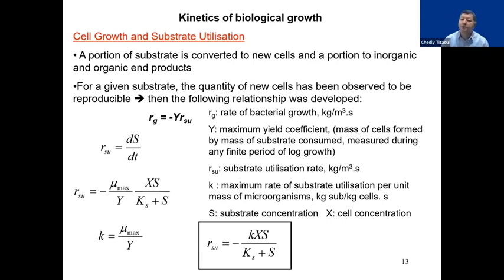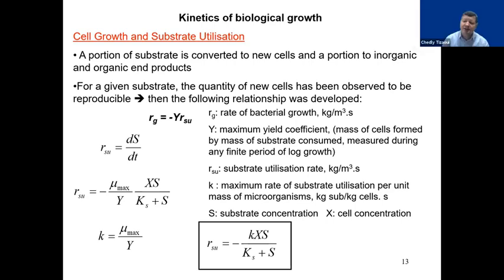If you remember, we defined the relationship between the growth of bacteria and the substrate utilization using the yield coefficient Y. Since we already defined the rate of growth for bacteria, the rate of substrate utilization will be minus 1 over Y times the rate of growth, and you obtain that equation for substrate utilization.